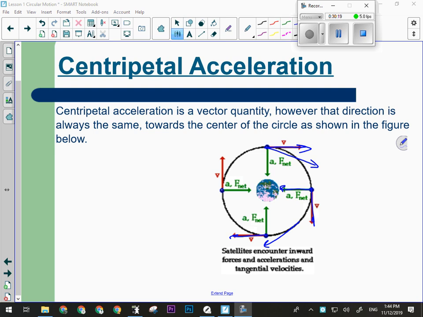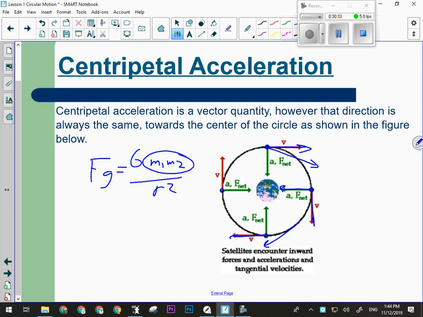Okay, but again, we're talking about something we haven't talked about yet. We'll talk about it later in the unit, and that is that the force of gravity between two objects is calculated using this formula. The force of gravity that anything experiences is based on the mass of the two things involved. If we're talking about ourselves, that is an incredibly small mass. So the force between us and the moon would be really, really small for two reasons.